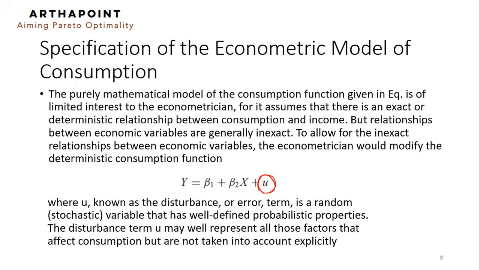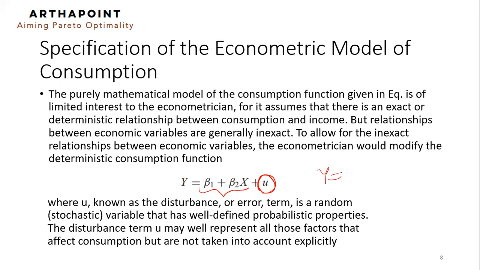Why is that the case? Because something that will be very important and will become clear as we go through chapters 2 to 5 of the book of Gujarati and other econometrics books is that this was an exact relationship. But then the relationship between income and consumption might not be exact.